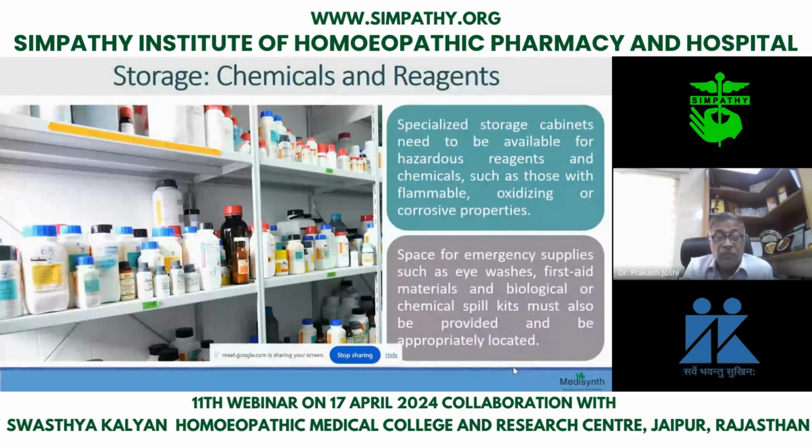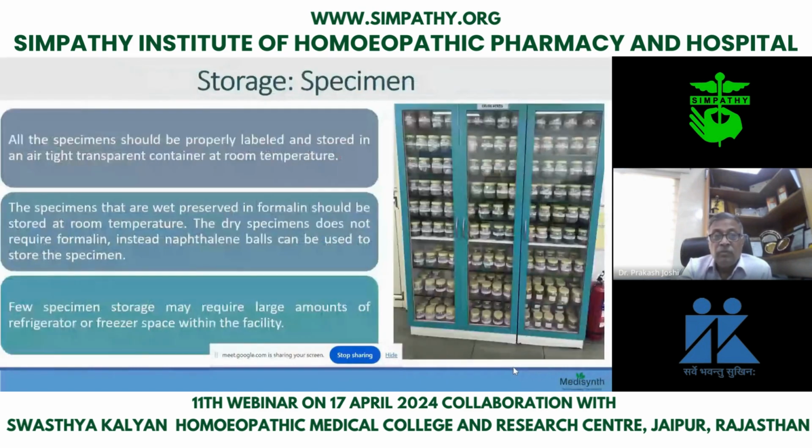As I told you earlier, there should be regular training, so that it helps every staff member to handle the chemicals properly. Now these are the specimens, and as I told you, a specimen should be properly labeled. You should label it in such a way that if you have a wet hand, it does not spoil the labels.